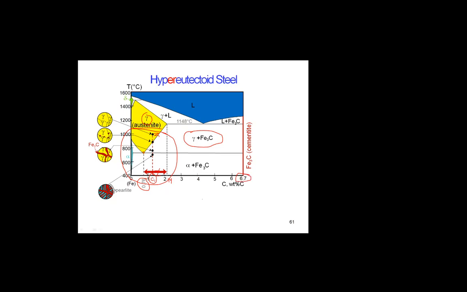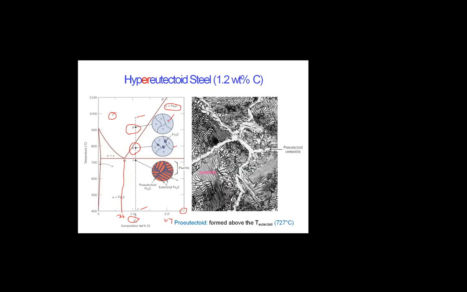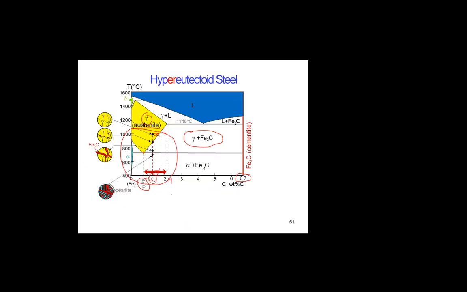As the temperature changes, the composition of the austenite phase will move along the line toward the eutectoid.